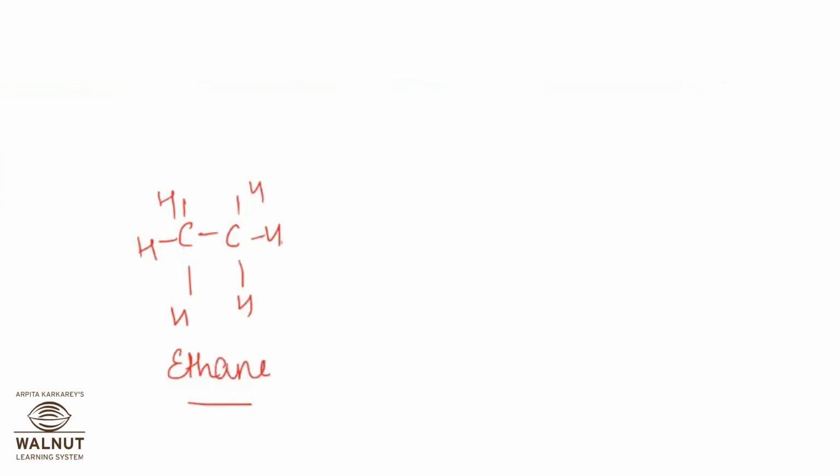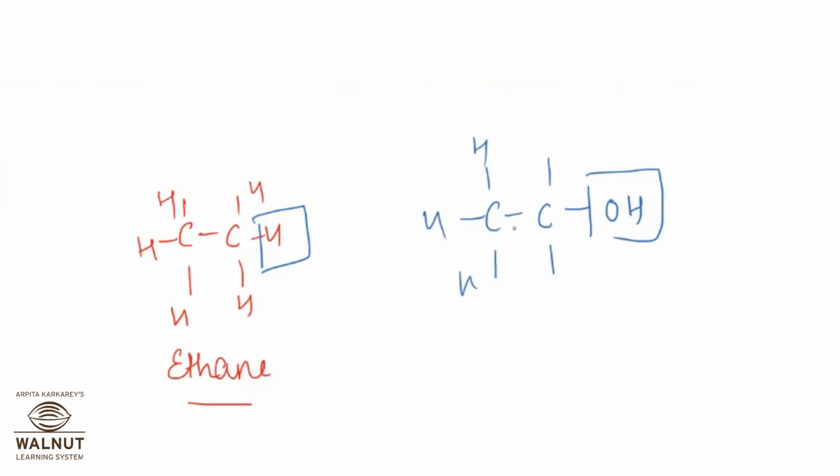Now what I will do is replace one of the hydrogens with the OH functionality. So again 2 carbons, and now I will replace it with OH. These are again hydrogens which I have not replaced. Now tell me the name. Meth means one carbon.